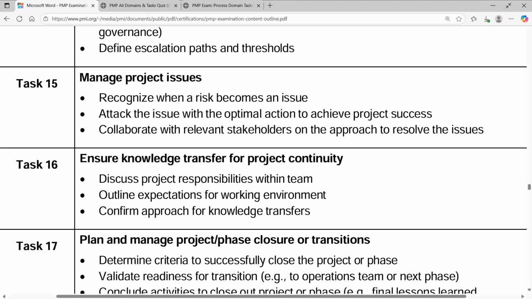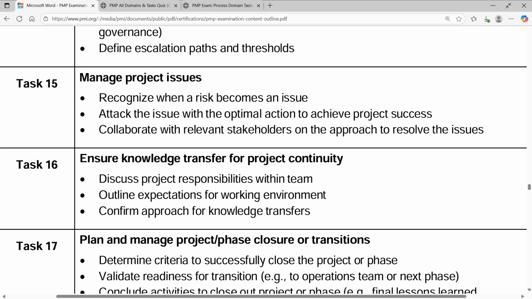The next thing is you need to attack the issue with the optimal action to achieve project success. But there are a few interim steps that are not talked about here, and that is defining the problem or the issue and identifying the root cause, then generating alternatives before you choose the best alternative, which is what the second bullet is.